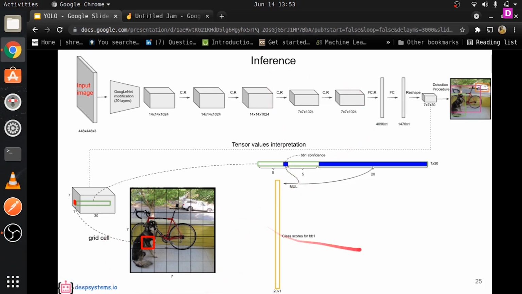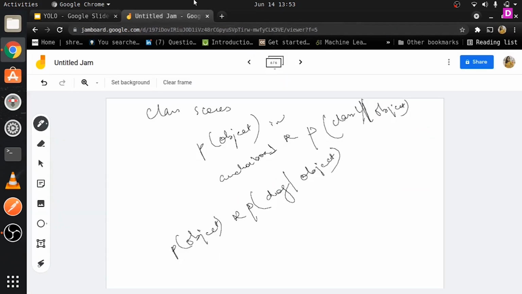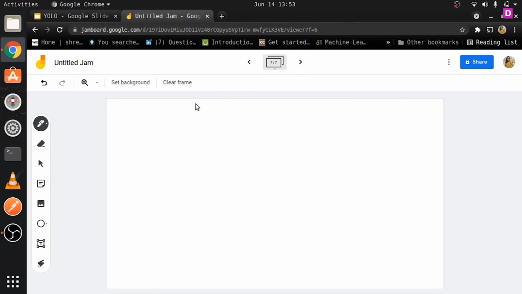Now you will find the class scores. Your class score is basically the multiplication of the value you were getting here, that is the bounding box 1 confidence, which means this bounding box contains an object. You need to understand the difference between this score and this score, because one might get confused. So when you are talking about the first 5, for anchor box 1, let's suppose there are 20 objects, object 1, object 2, object 3, up to object 20.